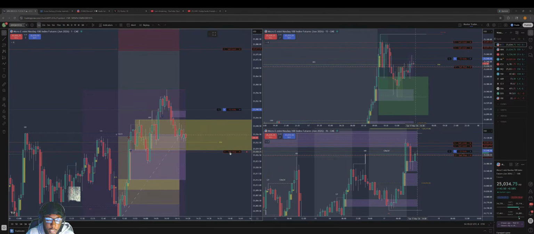So I can actually move it up. Let me remove this. This previous day high, this yellow line, this 1 minute gap is where I'm expecting buyers to come in. If buyers are serious about buying this market up, they need to be coming in right along in this area right here.